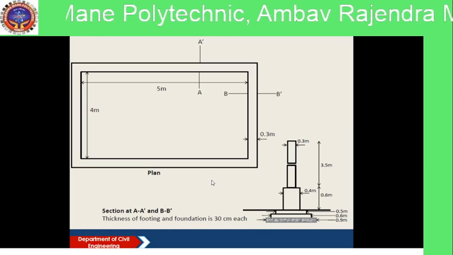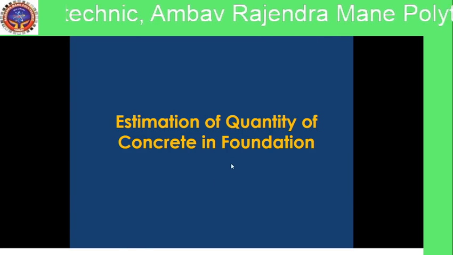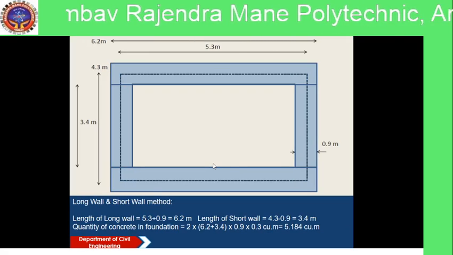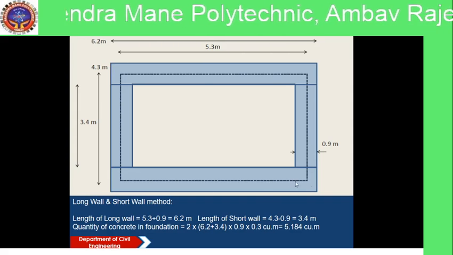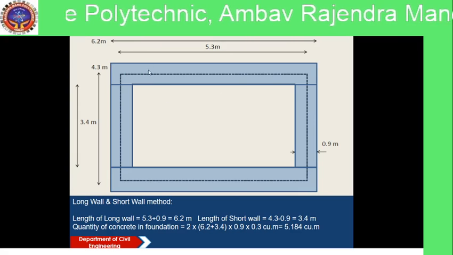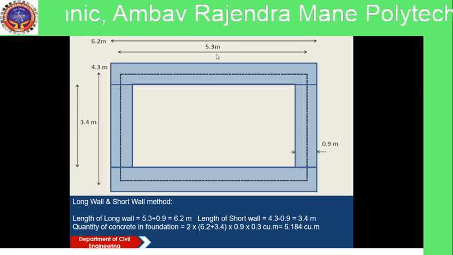So let's see the similar quantity of concrete in foundation by using the long wall and short wall method. Prepare first a plan showing the center line length of foundation concrete. Already in the center line method we discussed how the 5.3 comes.